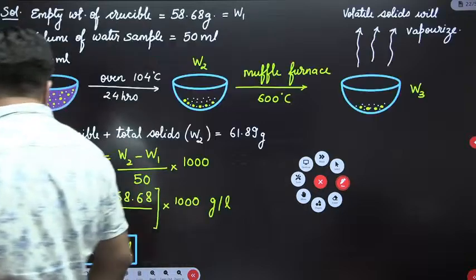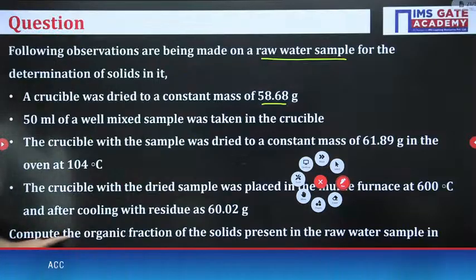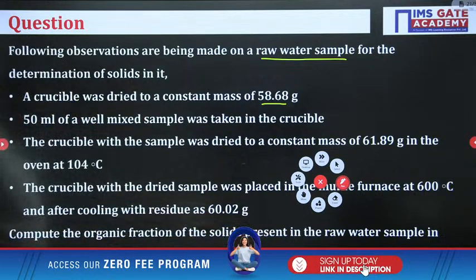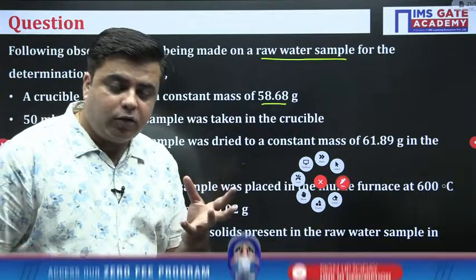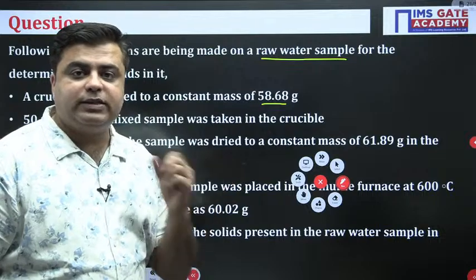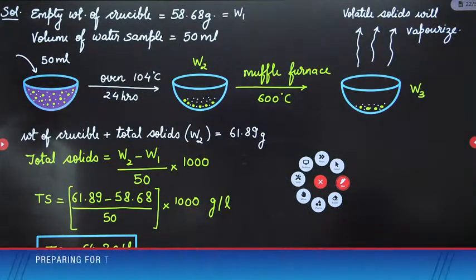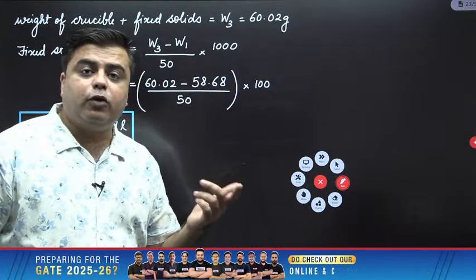Now next, they are asking you to compute the organic fraction of solids present in the raw water in percentage. You need to find out the fraction of organic total solids present in this water sample. You already know the value of total solids and the value of fixed total solids. Now you can calculate the value of organic total solids.